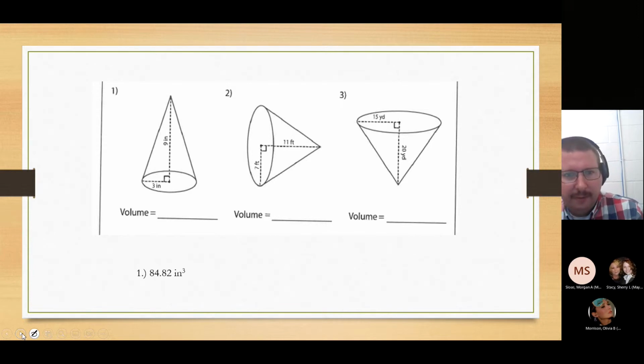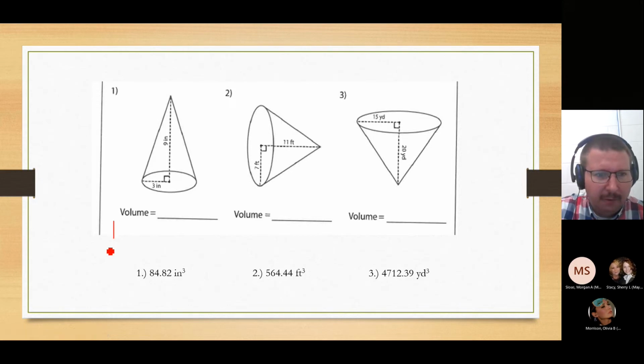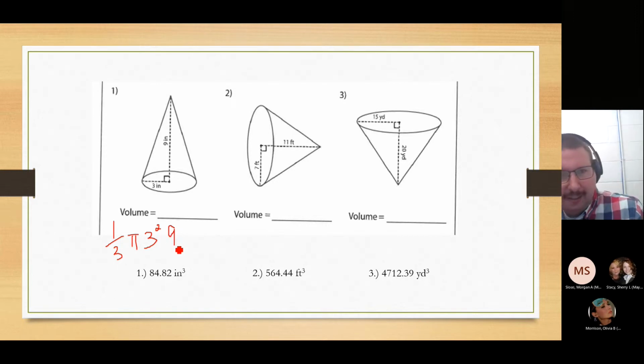Number 1, 2, and 3. So the first one you'd have 1/3 pi, radius, the first one is 3 squared times your height, which is 9. And just type that into your calculator, and that will get your answer. Very similar for 2 and 3.